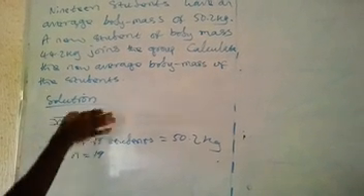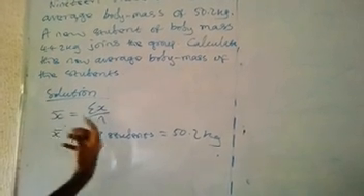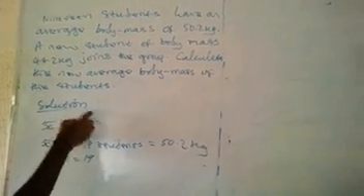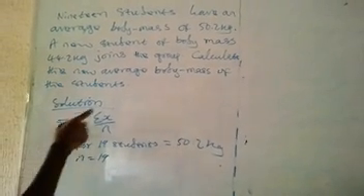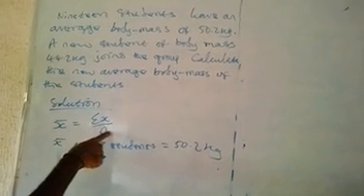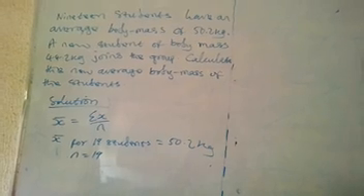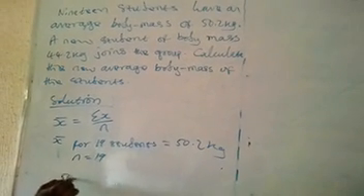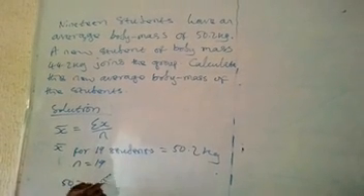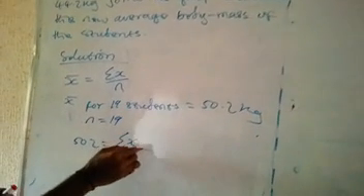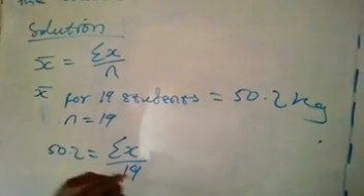So how do we get the total? That is the sum of their masses. Because if you look at this formula, x bar is equal to the sum of their masses all over the number of the students. We will now substitute into this. Our mean, which is equal to 50.2, is equal to the sum of the masses of the 19 students divided by their number, which is 19.